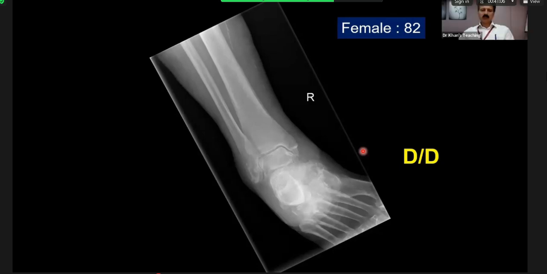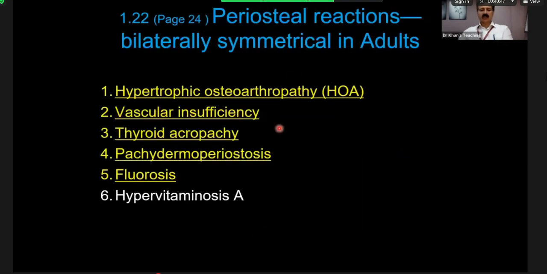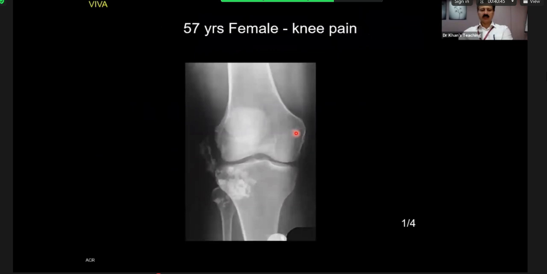So conclusion? It will be related to venous insufficiency. Excellent. So if you see here, this is a very dilated or thick vein which has got calcification, and this case was because of venous insufficiency. So this comes in this second category, vascular insufficiency.